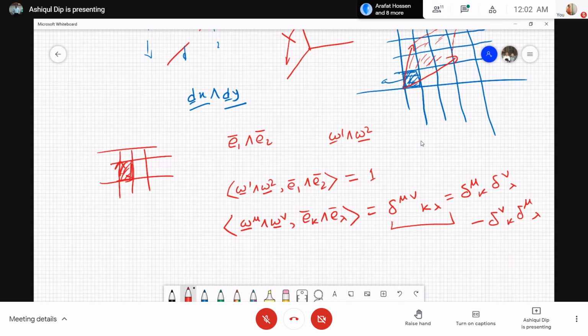Can you interpret the 3-forms in 3 dimensions? What are those? I think they're going to be parallelepipeds. Yes, those are going to be parallelepipeds.